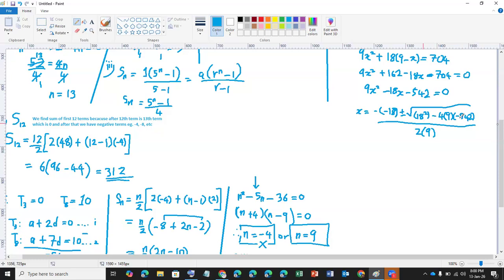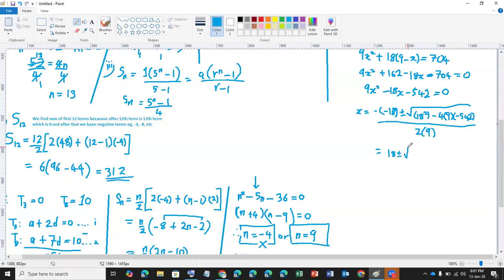This minus, and minus 4 times minus 542 will become positive. So just multiply 4 times 9 times 542. What do you have for 4 times 9 times 542? Or are you trying to do everything together? 19,000. Okay, let me do everything together.